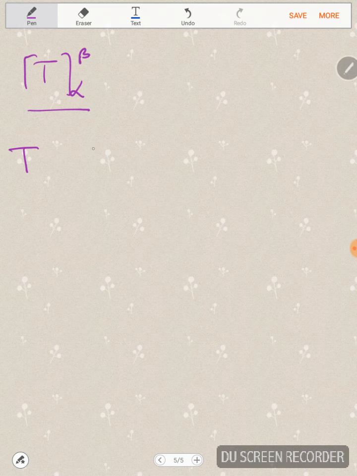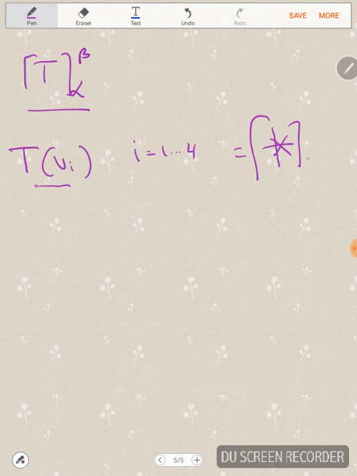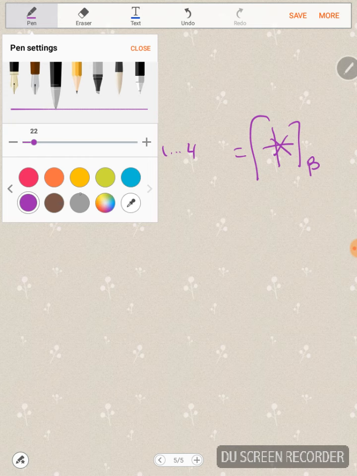You're going to be plugging in each of the Vi's, where i is some 1 to 4, plug them in here, and you will get an answer, and you have to write this answer in terms of the basis vectors beta. In this case, they happen to be the same, so that really does simplify things. And we're just going to start.